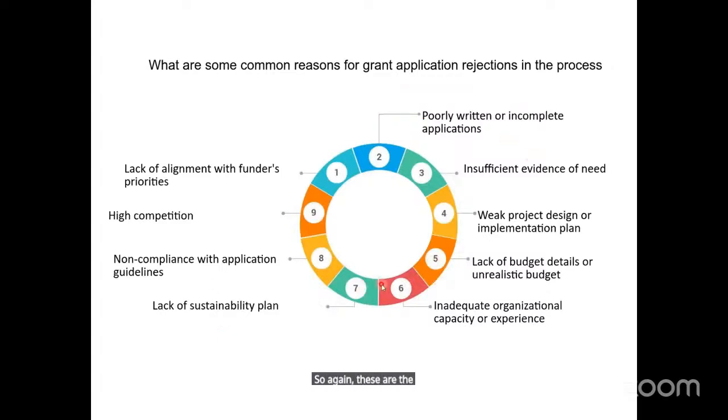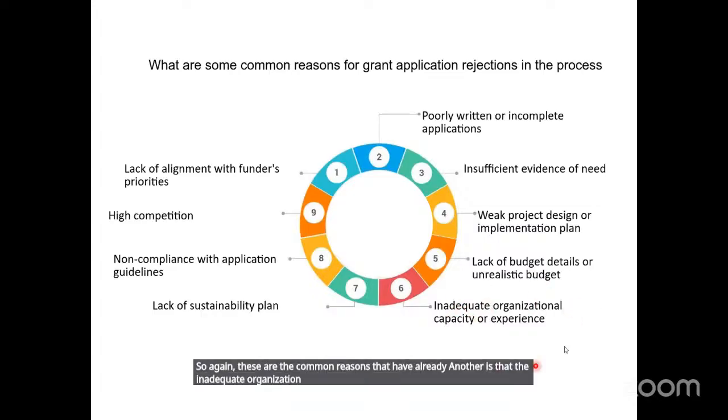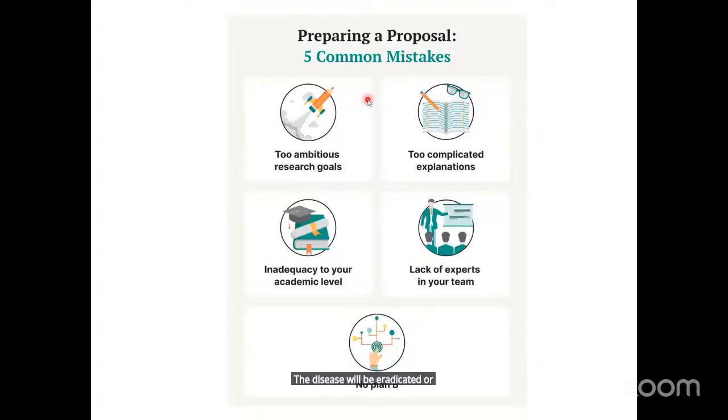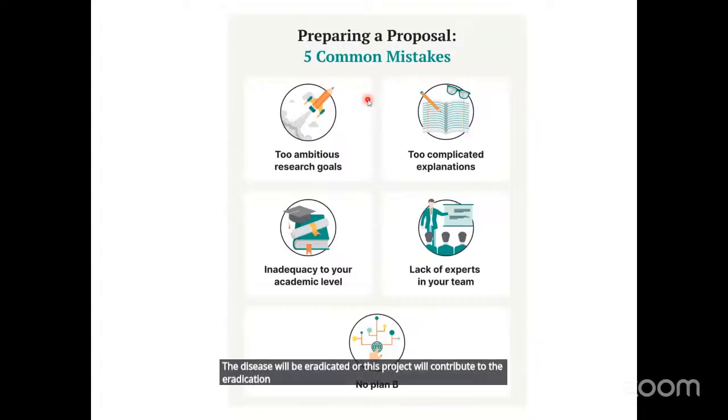Another is inadequate organization, capacity or experience. So that is also a very big thing. So the five common mistakes: too ambitious research goals. I have already stated that if we write that after completion of the project, the disease will be eradicated, or this project will contribute to the eradication, it should not be written in this way.